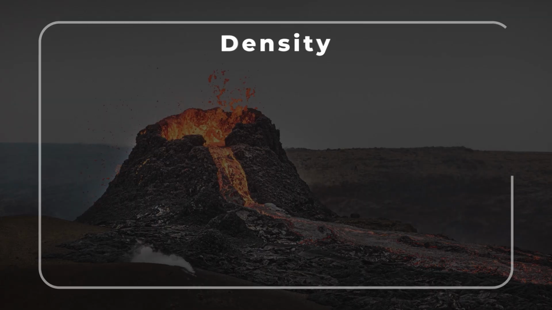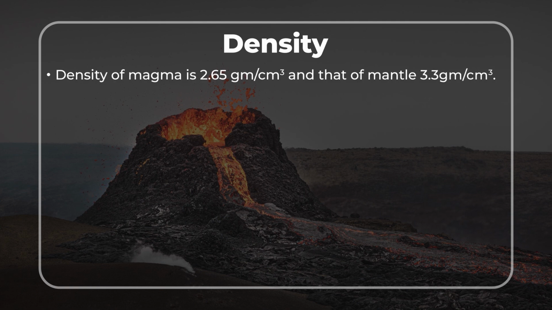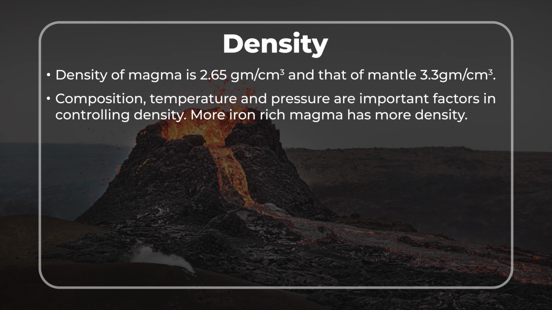Presence of more volatiles in felsic magma results in explosive volcanism as compared to mafic magma. Now density: the density of magma is 2.65 grams per centimeter cube, and that of mantle is 3.3 grams per centimeter cube. Composition, temperature and pressure are important factors in controlling the density.